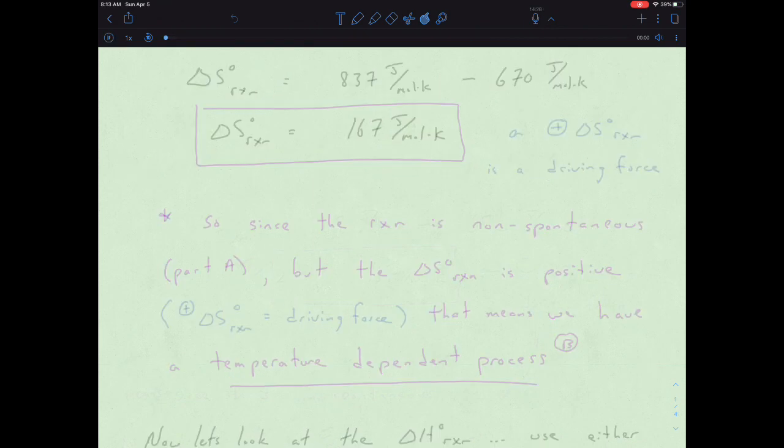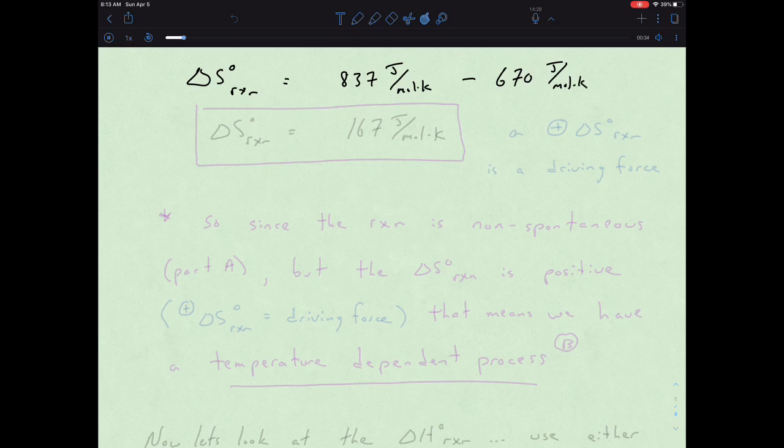So that means our entropy of the reaction would be equal to the sum of our products, which is 837 joules per mole Kelvin, minus our starting materials, which will be a total of 670 joules per mole Kelvin.